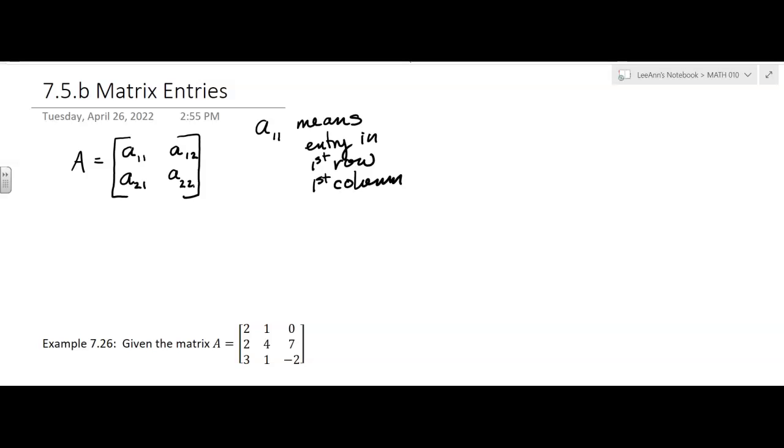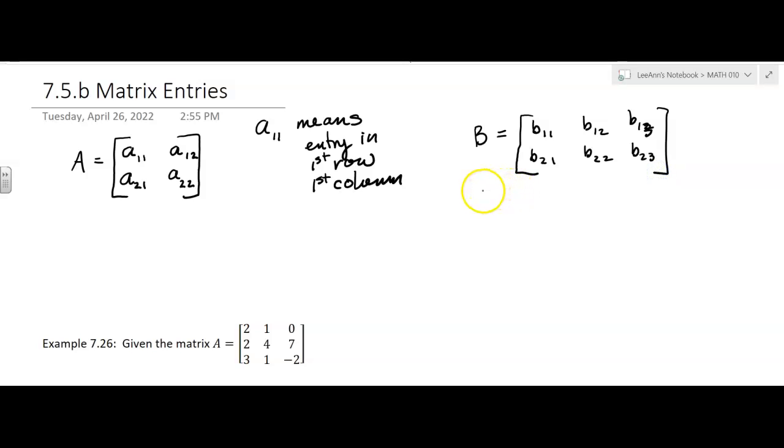So if they say, hey, what's in the first row, first column, or A sub 1, 1, that's what they're talking about. Now, if you had a matrix B, let's say you had B1, 1, B1, 2, B1, 3, that would be the first row, and then say you had a second row, it would be identified this way, like that.